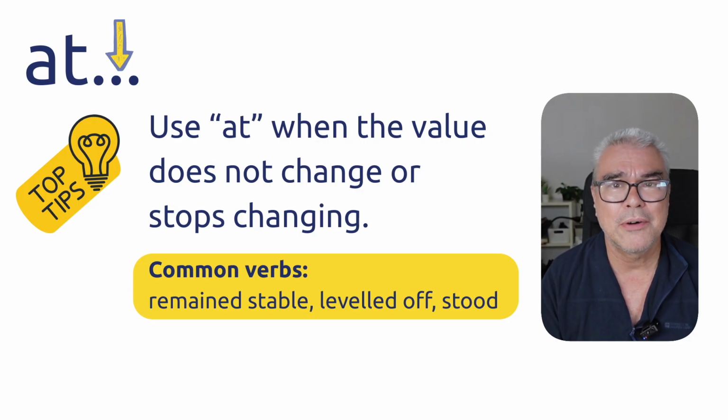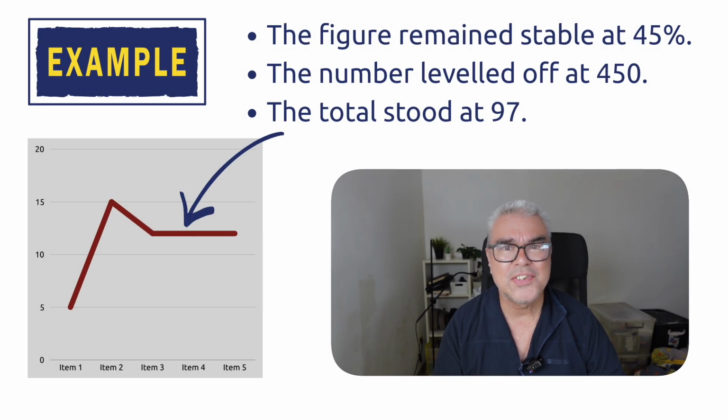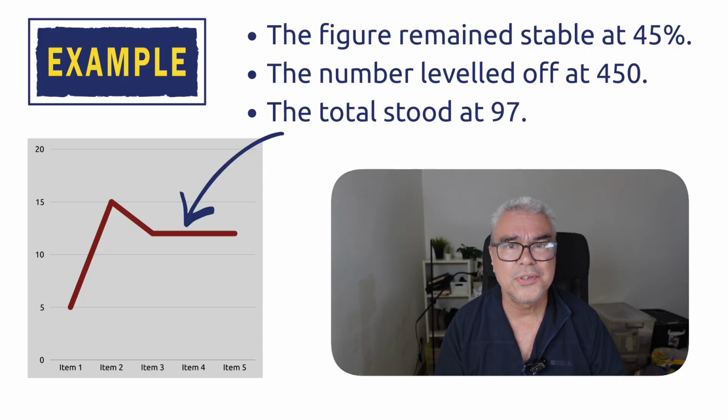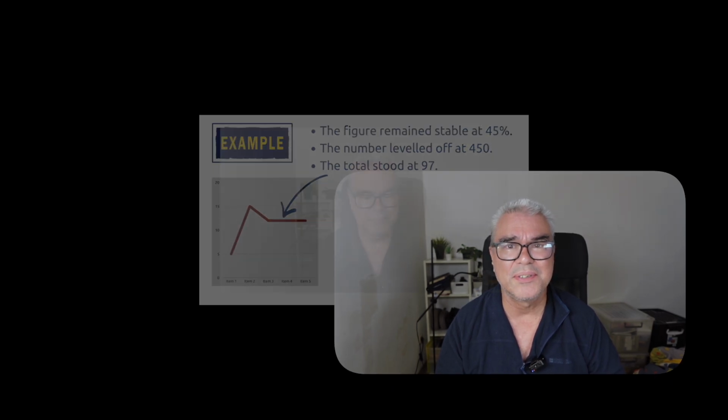I'm talking about verbs like remained stable, remained constant, leveled off, reached a plateau, and so on. And here are a few examples. The figure remained stable at 45%. The number levelled off at 450. The total stood at 97.